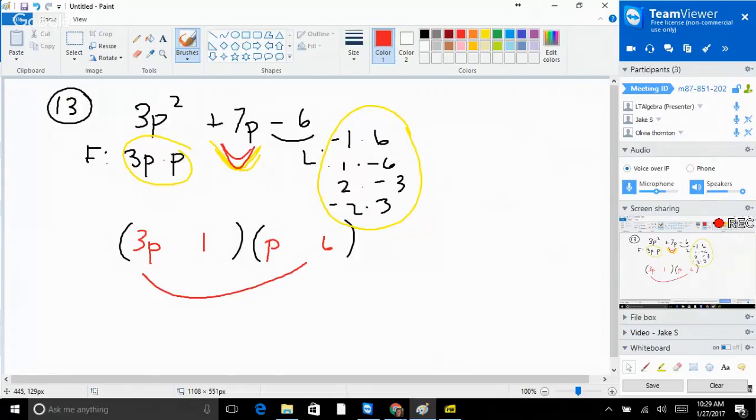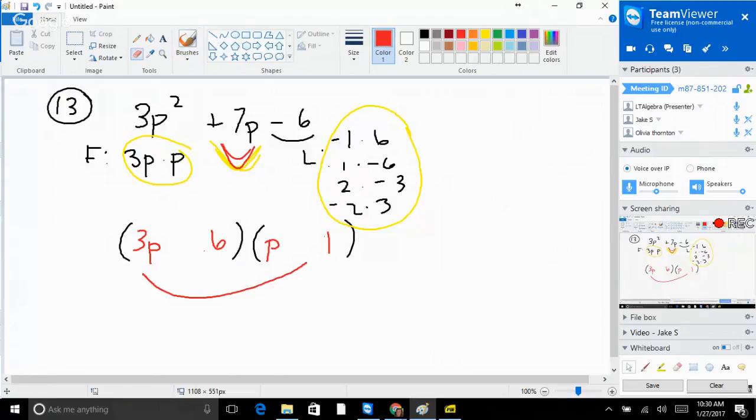So if you want to use 1 and 6, you probably need to put 6 over here, because then you have 3 times 1, which is 3, and 6 times p, which is 6, and that gets you to 9. It's closer, but it still seems better if we could maybe use 2 and 3.